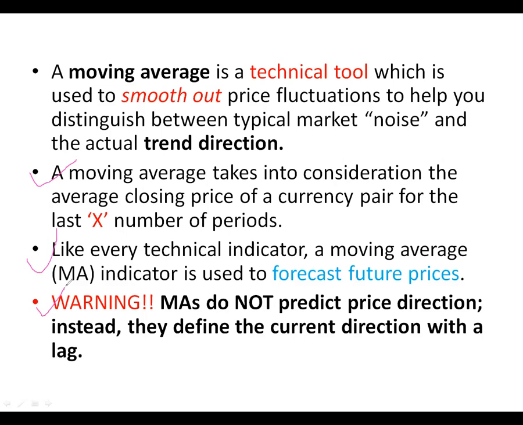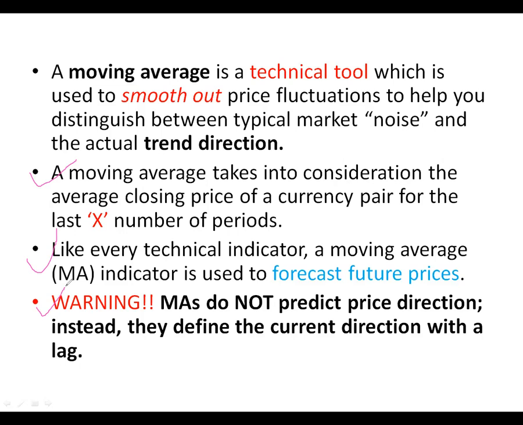Moving averages do not predict price direction. Instead, they define the current direction with a lag. Listen carefully. Moving averages do not predict price direction. They do not tell you where the future price will be going. They don't do that.